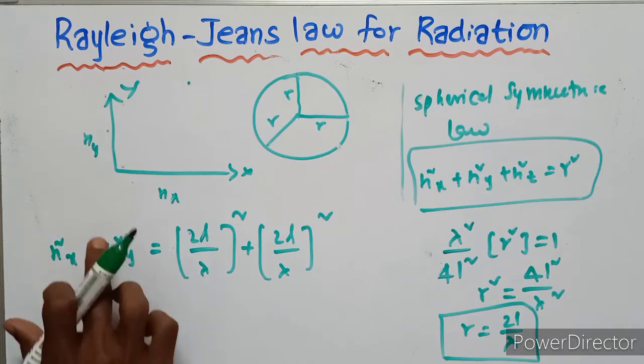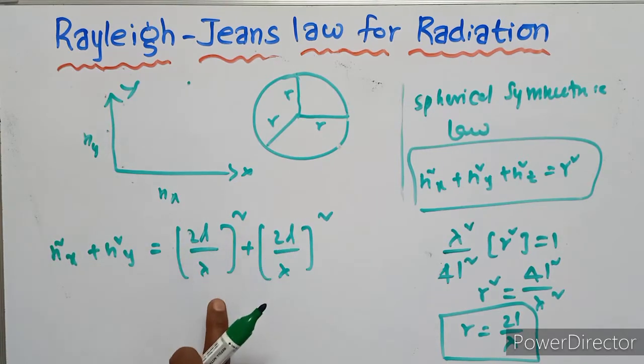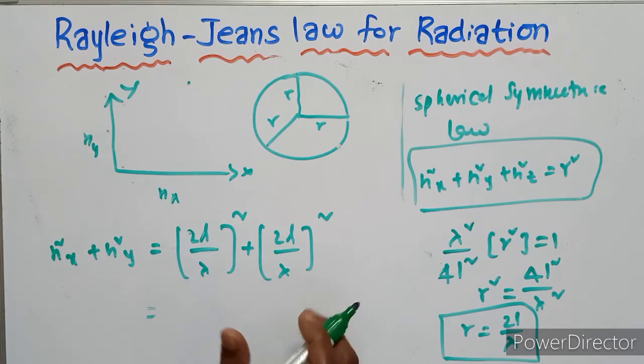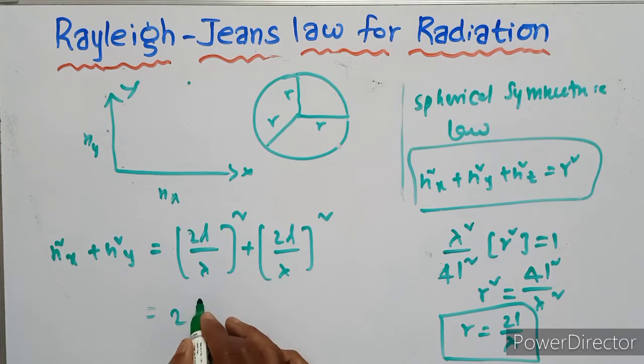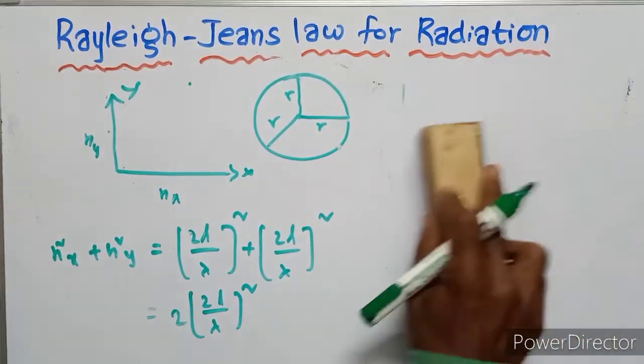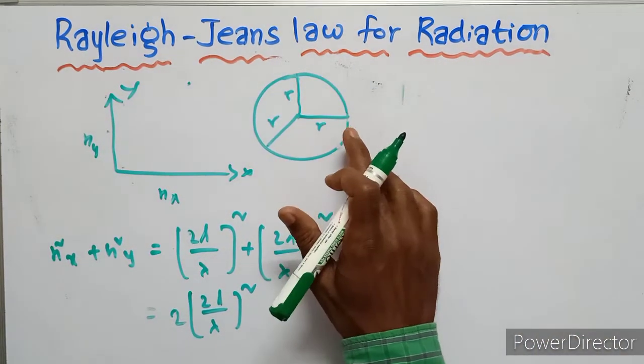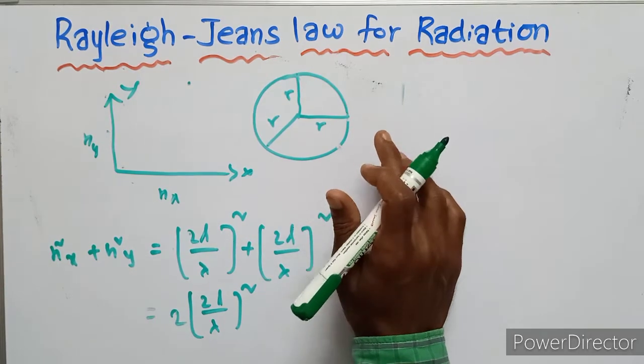nx² + ny² equals (2l/λ)² + (2l/λ)², which equals (2l/λ)². Then the spherical enclosure is set up in the xy plane as a quadrant.